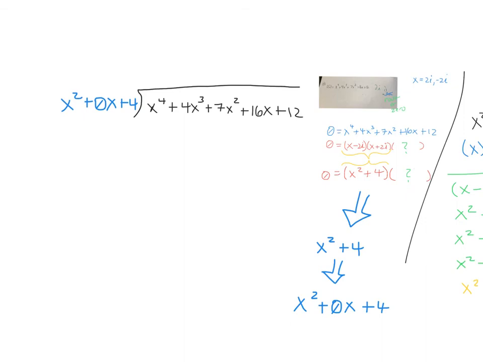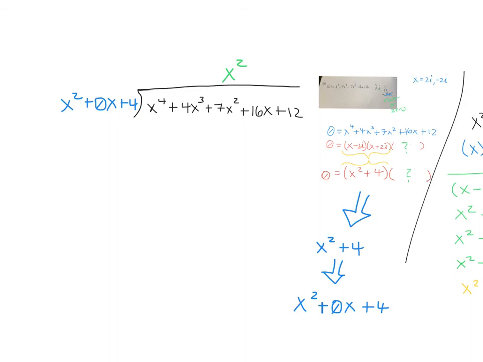Well, x squared times another x squared would give me x to the 4th. Notice how I write x squared perfectly above this x squared. So when you're doing the quotient, you want the exponents to match each other, okay?